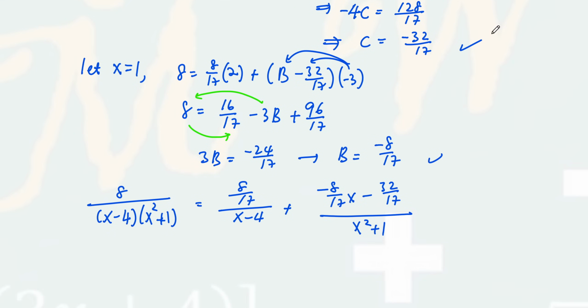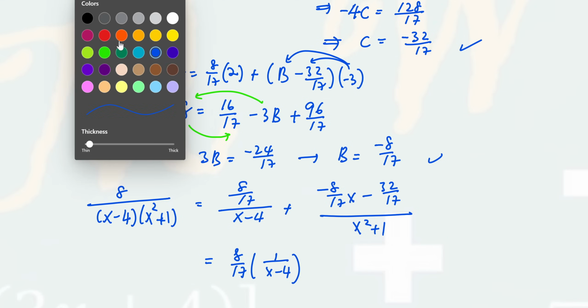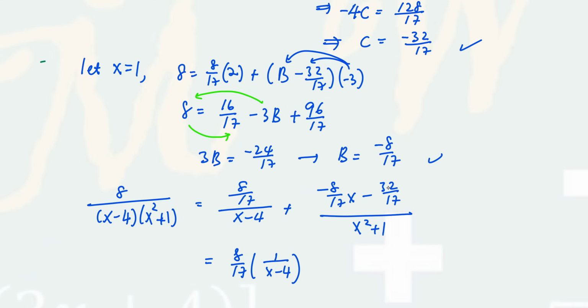And again, when you get the fraction in the numerator, just factorize it. Okay, so for the second term, look at here. Basically, minus 8 over 17 and minus 32 over 17, the common term is minus 8 over 17. Right, so I will just factorize that and combine with the plus at outside here.